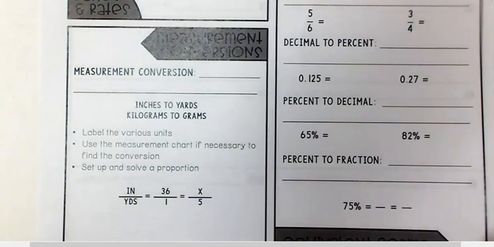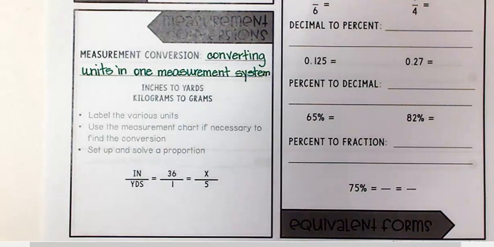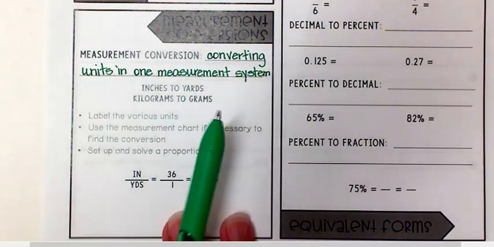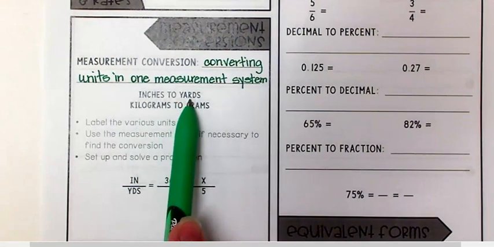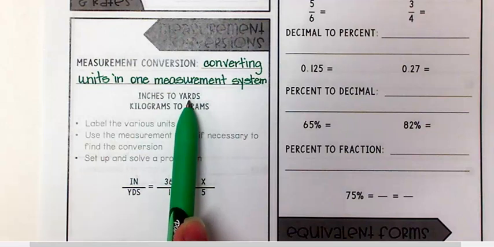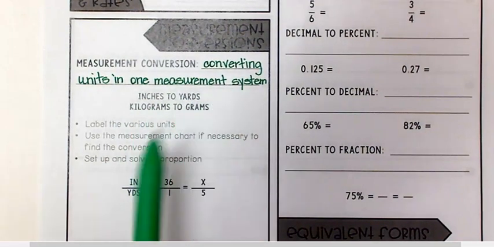Go down to measurement conversions. A measurement conversion is converting units in one measurement system. For instance, inches and yards are both measures of distance, so you can go from inches to yards if you have the proper conversion factor.